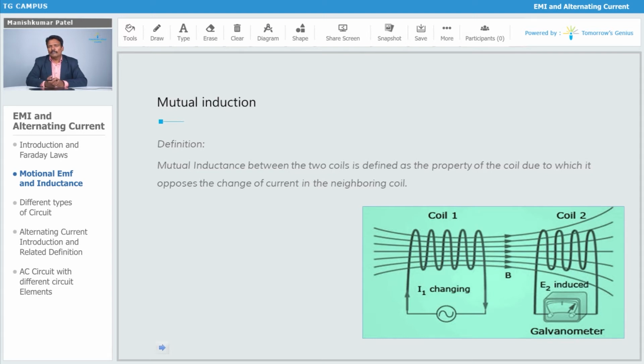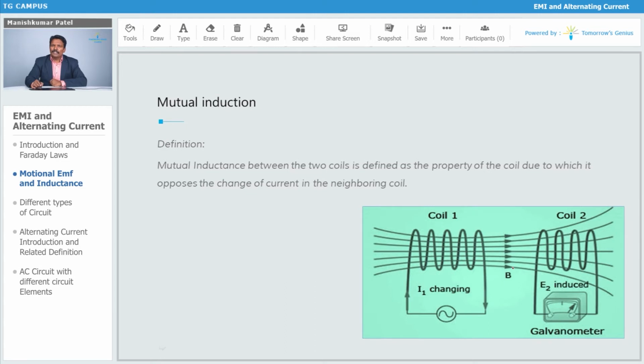Obviously this is the basic property of the coil, which opposes the change in the current in the coil. That is according to Lenz's law, which we have already seen. Now how will things work in this case? When I make this circuit on, let's say for the first one, when I switch on and the current starts to flow, this flux is also linked to the secondary coil.